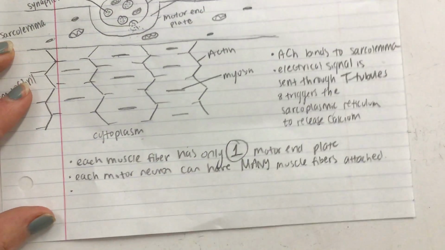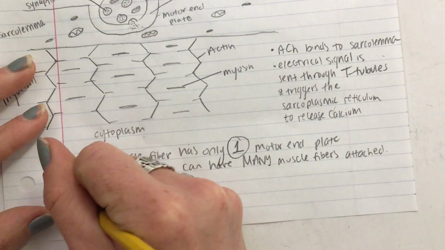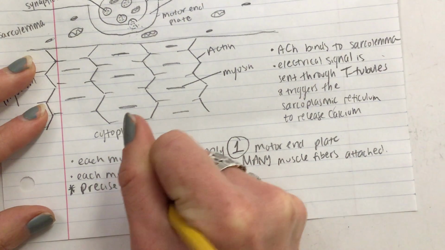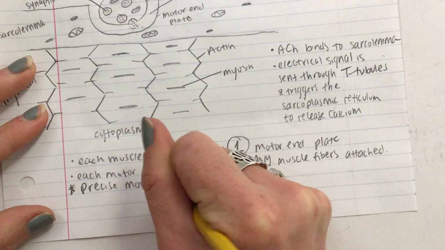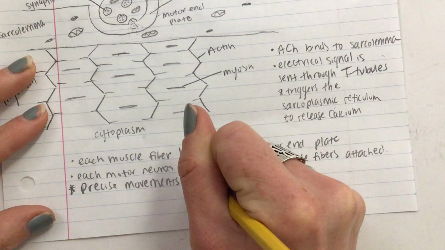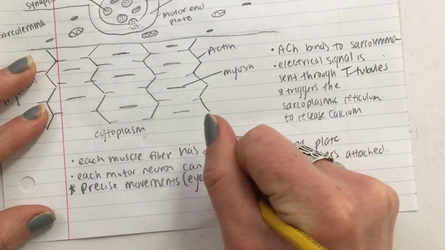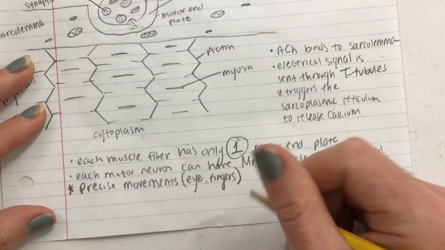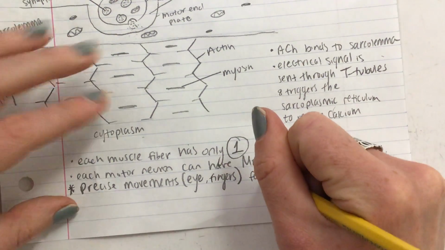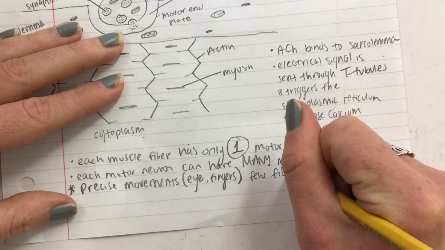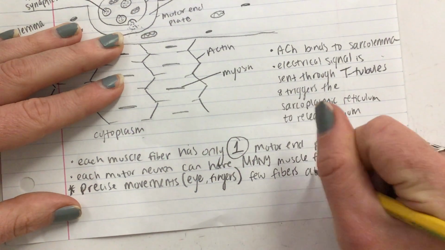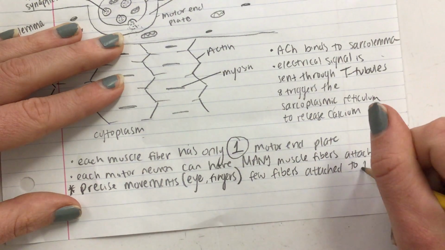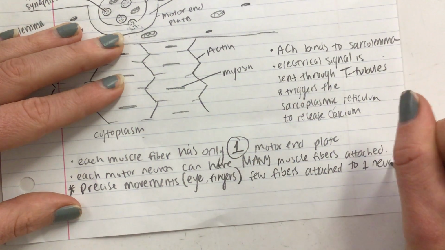The second thing we want to write is this, and I would even star this. Precise movements, and we can even write where these would be found, in your eyes, in your fingers, are created when there are few muscle fibers attached to one motor neuron.